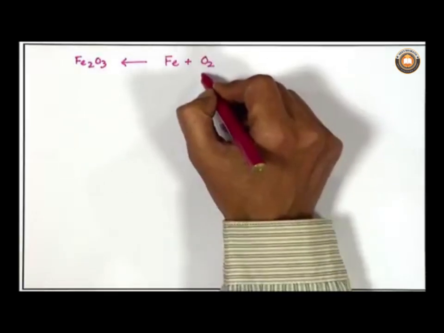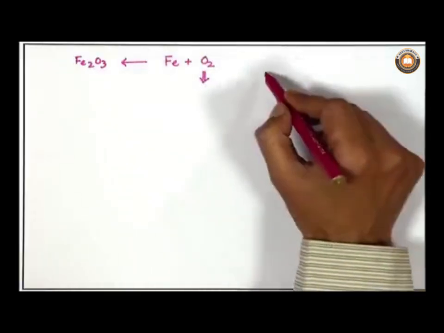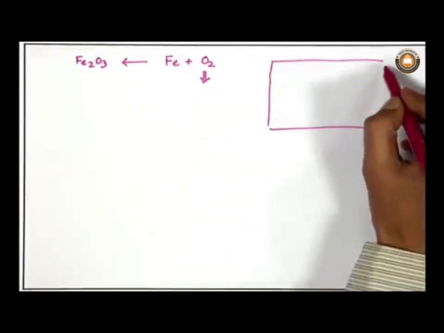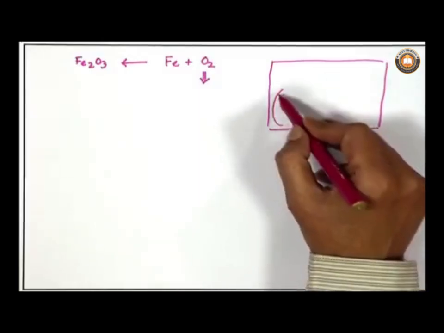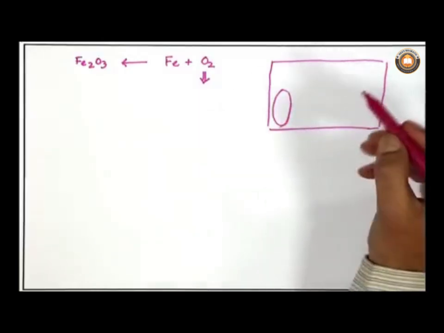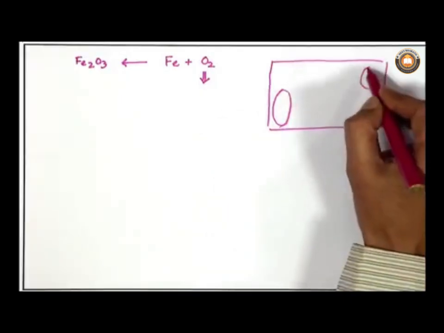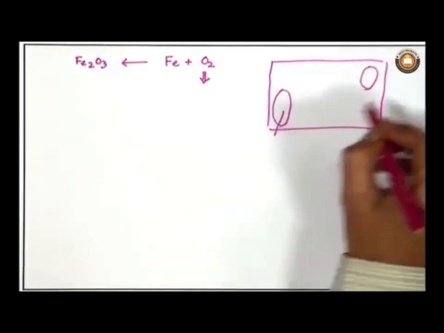So, what type of addition is that? If we go into the periodic table and recall a little bit, on the left hand side or the lower part we have the electropositive elements, and on the upper right hand side we have the electronegative elements.